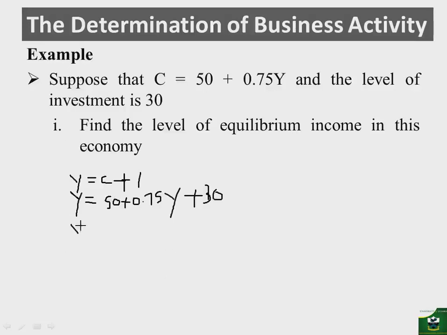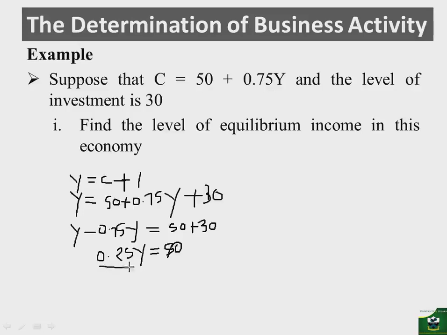So this means that if we take this guy to the other side, we have y minus 0.75y will be equal to 50 plus 30. And if we simplify this, y minus 0.75y is equal to 0.25y. 0.25y will be equal to, and this part here will give us 80.